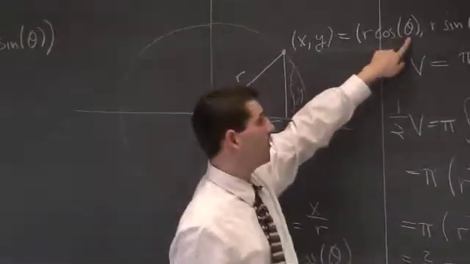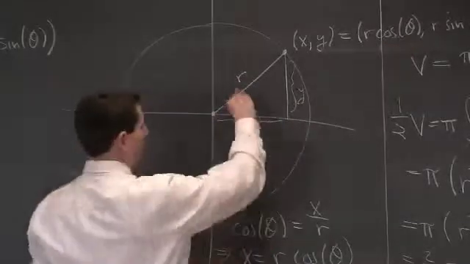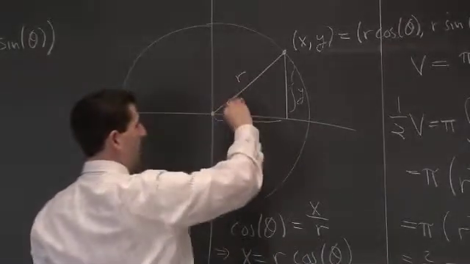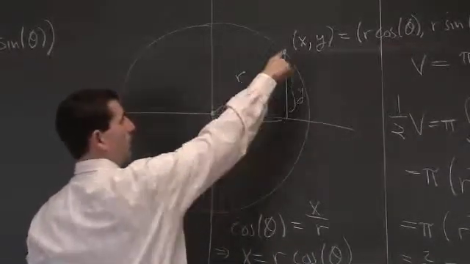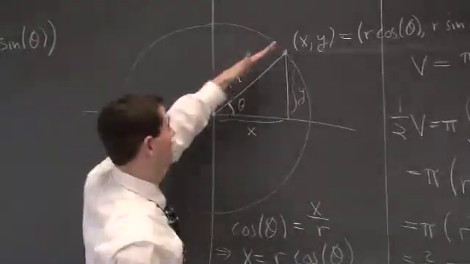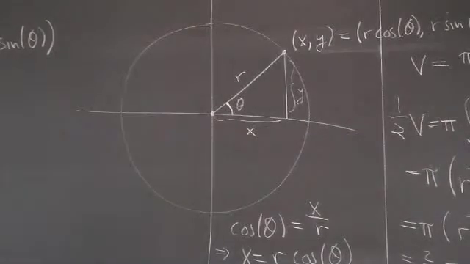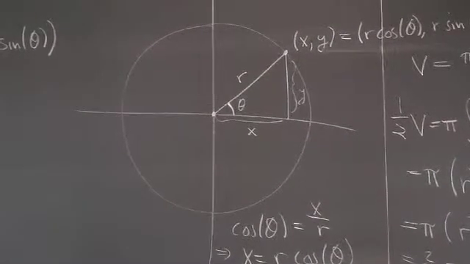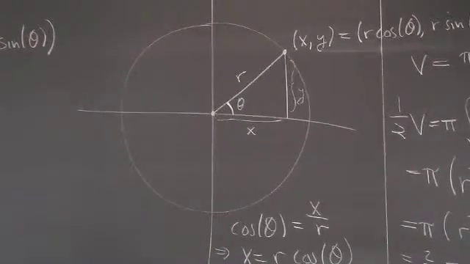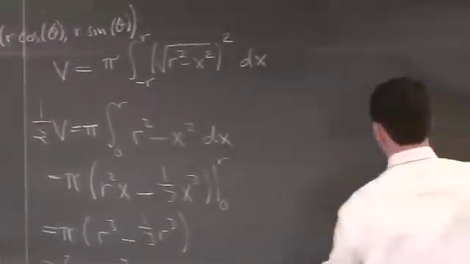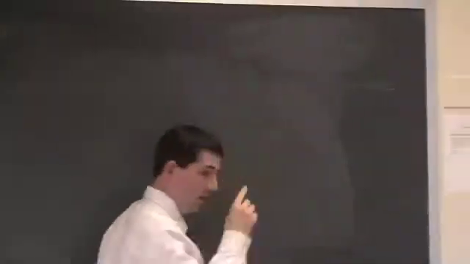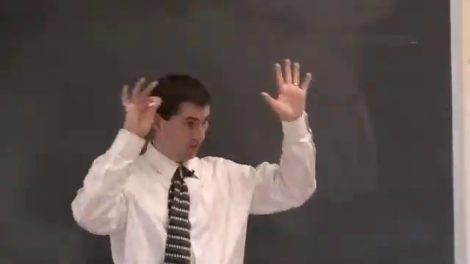And I can give you an angle theta, which is the angle between the x-axis and this ray that would go out to your point. So it's just a different way of specifying points in the plane. Okay? So it's just a different way of giving coordinates.